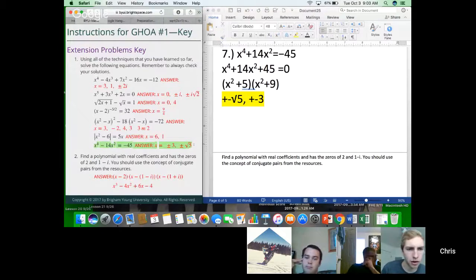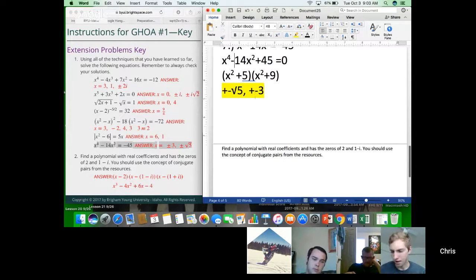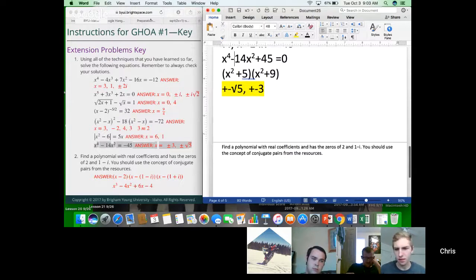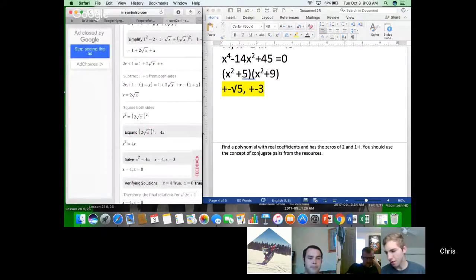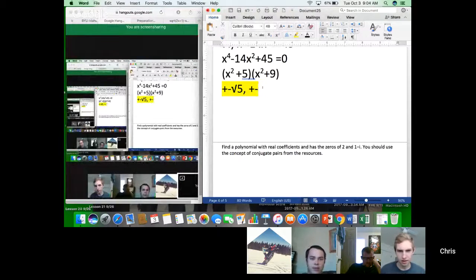Oh, we have it written wrong. x to the fourth and then it's -14x squared. That's why. Whoops. Sorry about that. I wrote it wrong as well. Wait, no. Yeah, because I was like, man, that works out perfectly. But in the actual thing, it says plus 14.